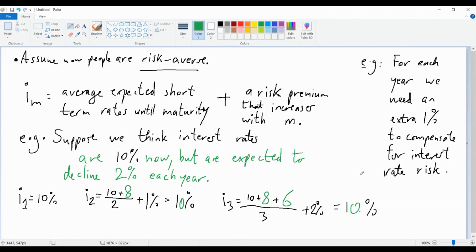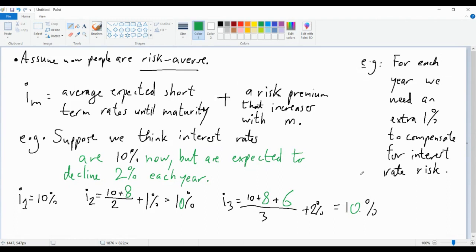So you have one force that makes it slope up. If expected rates are going down, then that would tend to make the yield curve slope down. In this case, with the numbers I put there, they just happen to offset each other, and so you get a flat yield curve. All right?